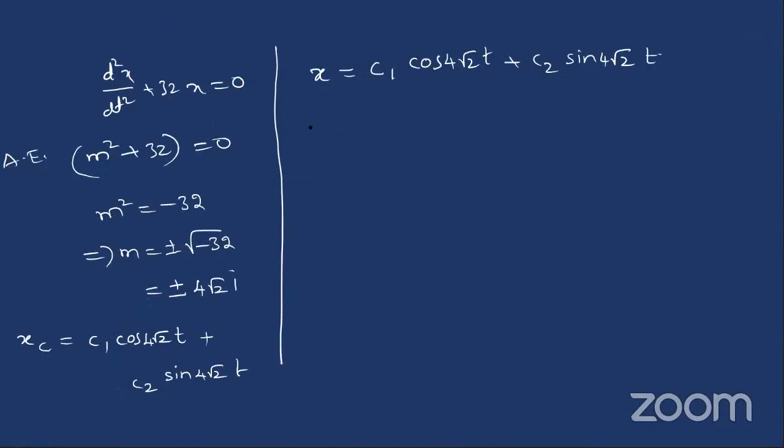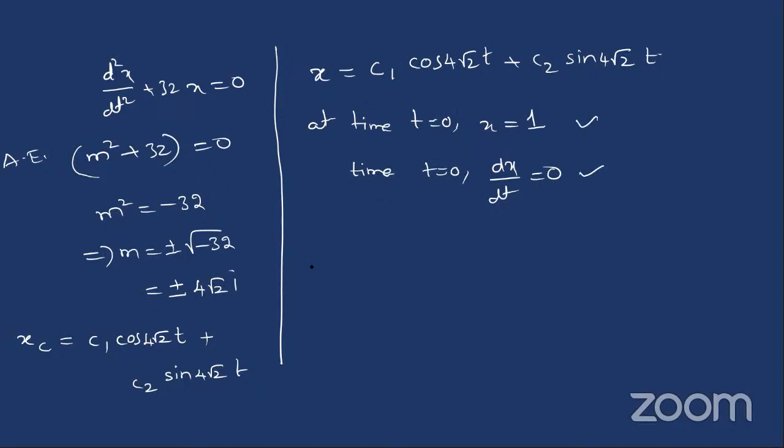So when time t is 0, the initial displacement x will be exactly 1 foot. And you are not initially allowing it to oscillate, you are just about to leave it, right? That's how the initial velocity at time t equals 0, dx by dt, becomes simply 0, because they're all free oscillations, right? So now using these two conditions, we are going to find C1 as well as C2.